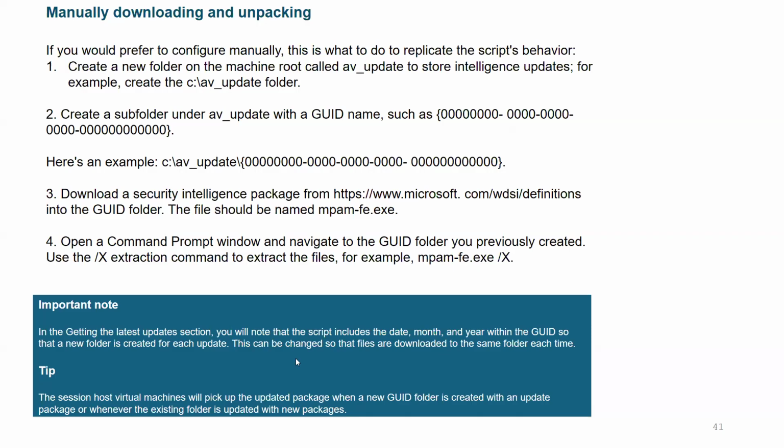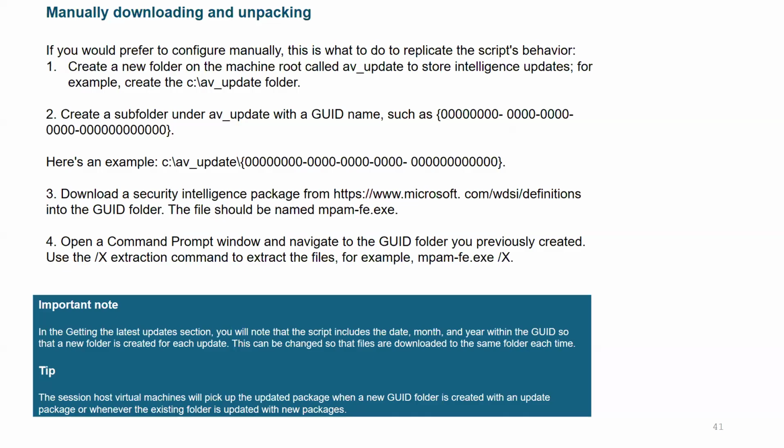The folder is created and updated, downloading to the same folder each time. With the date, month, and year, it will create one folder, under C:\Program Files or C:\Windows\System32, and it will copy and update.